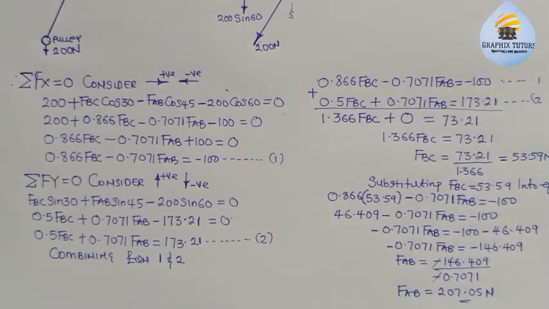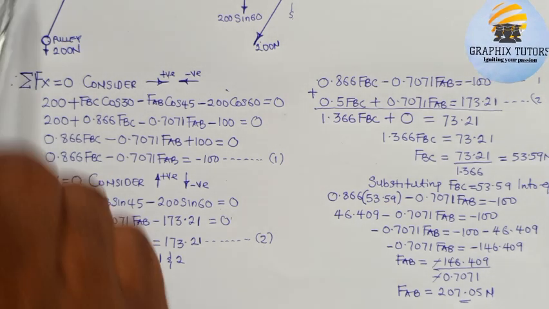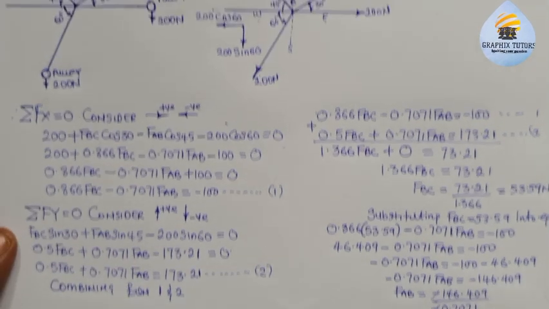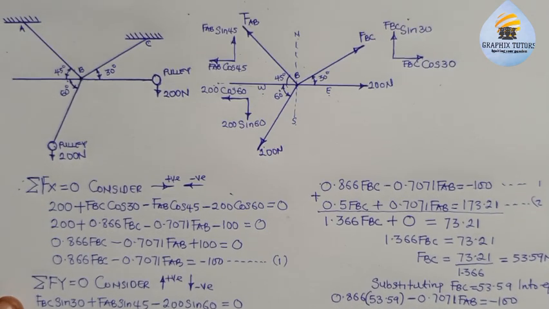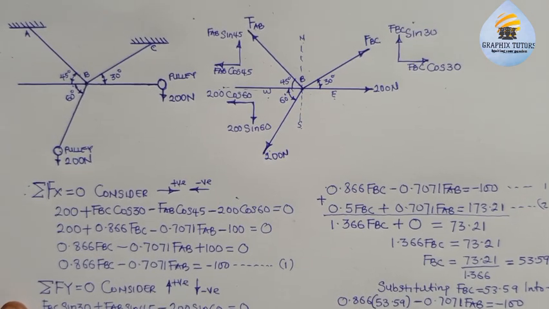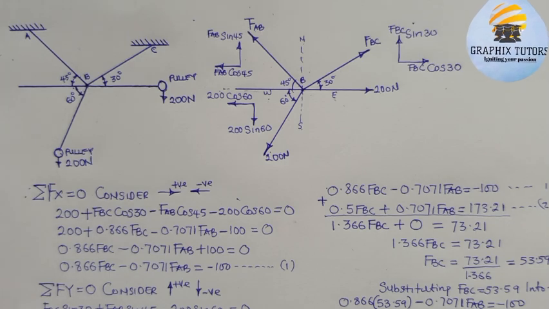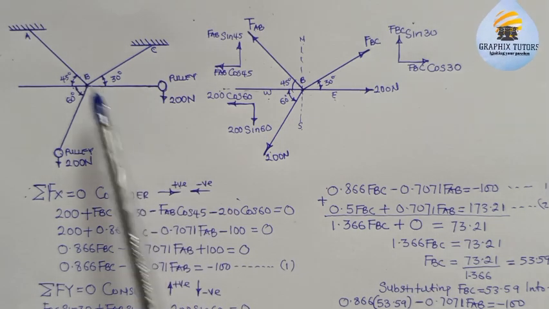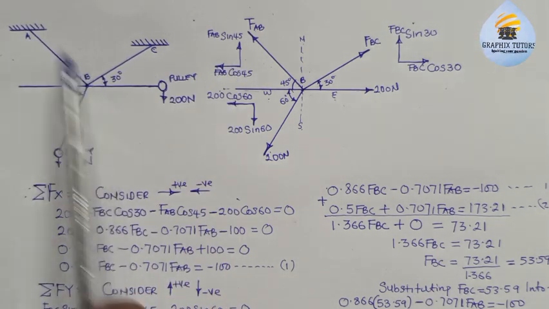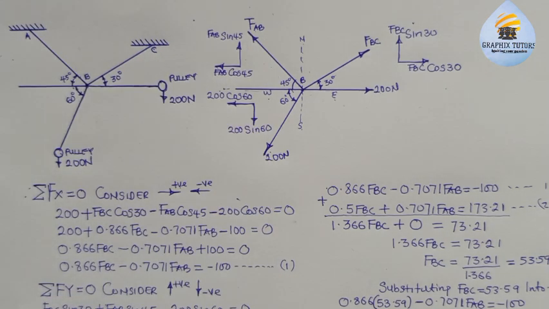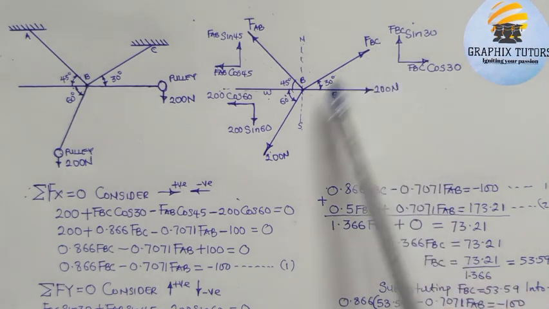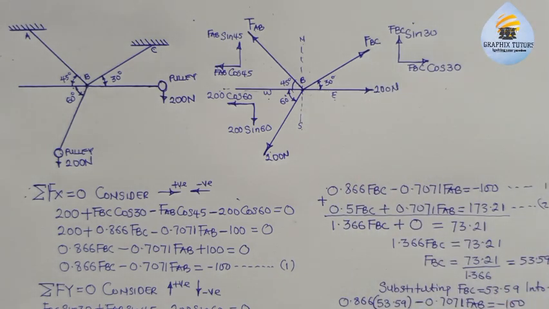So this is the tensile force. The tensile force acting at this point here, AB, is given as 207.05, and the tensile force acting at BC is given as 53.59 Newton.